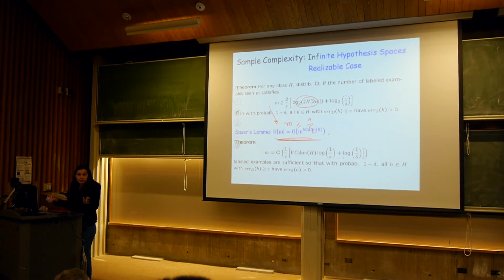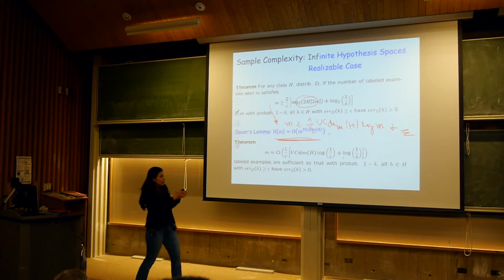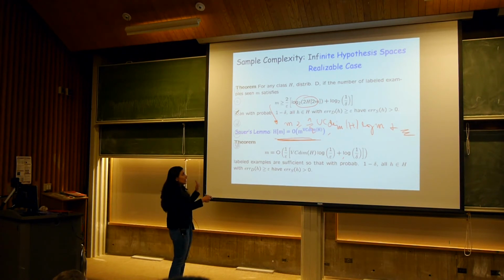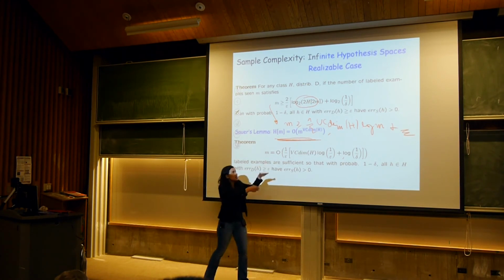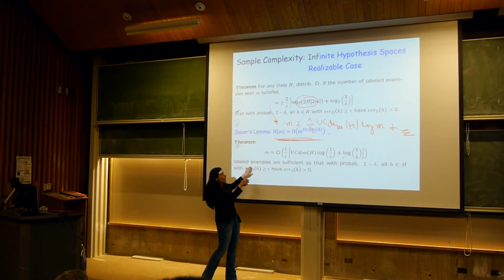It's the VC dimension of h times log m, plus some other factors that I'm going to ignore for now. But the interesting fact is that now I have an inequality that is actually solvable, because I only have, if m is greater than 1 over epsilon, the VC dimension of h times log m. So log m here is much, much smaller than m. So I can actually go ahead and solve this inequality and come up with a sufficient condition on m that ensures that this inequality is true.